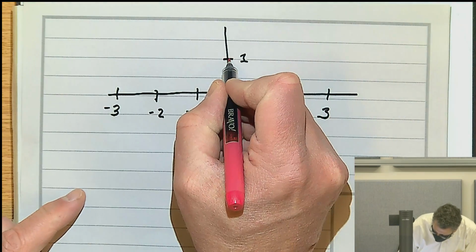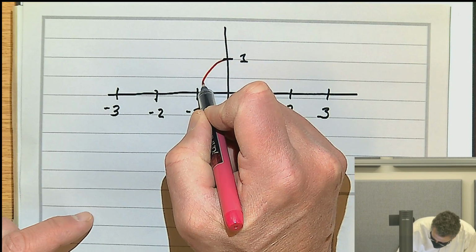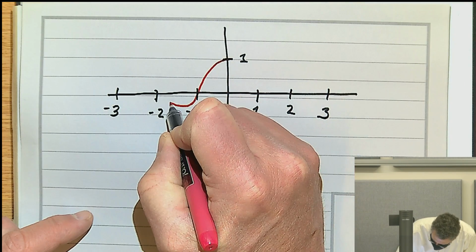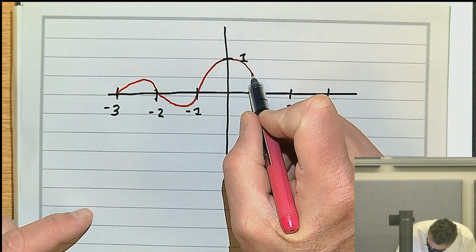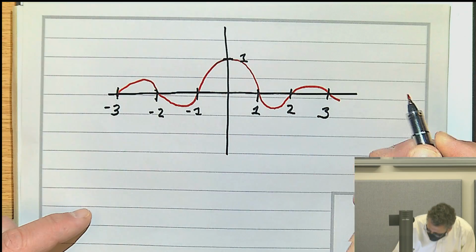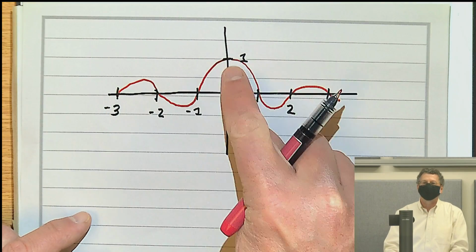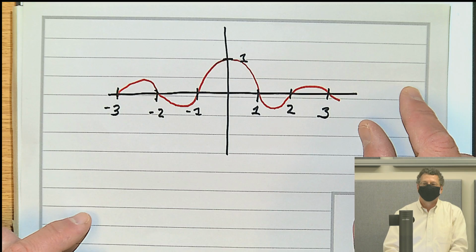At 0, it's equal to 1. But every place else, it crosses like this. I'm not drawing it spectacularly well. And you have these things called side lobes, and they keep getting smaller as you get further out.